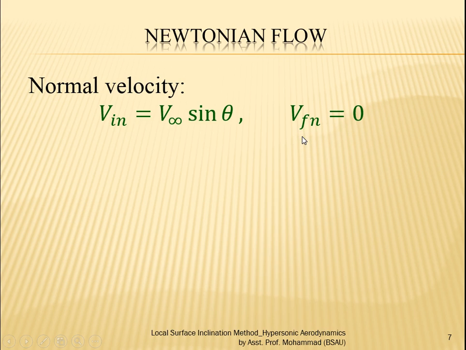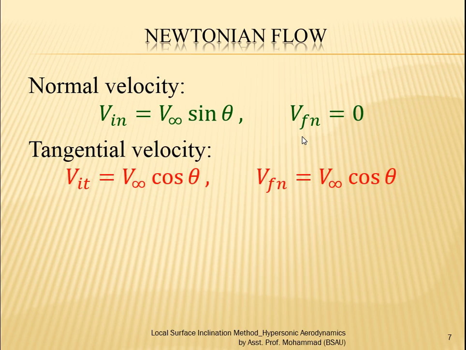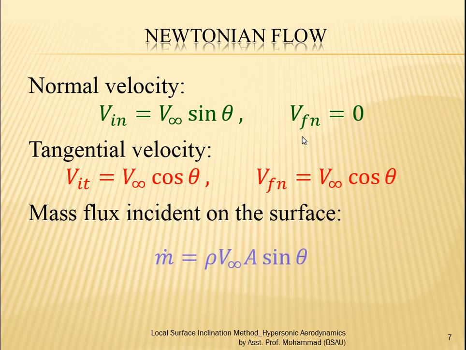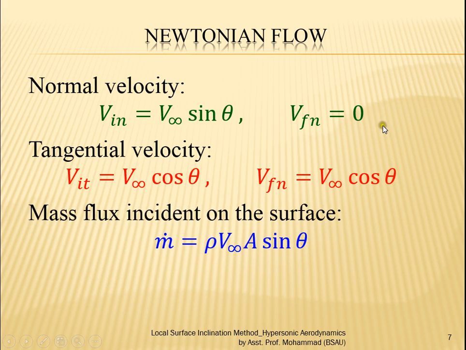The normal component of the velocity becomes 0, and all the normal momentum is lost. The tangential velocity is v infinity cos theta, and that remains the same. There is no change in this. So the change in the normal component of velocity is final minus initial, which gives v infinity sin theta.